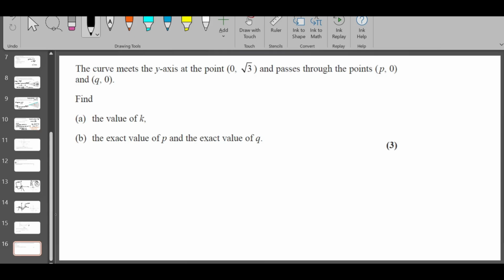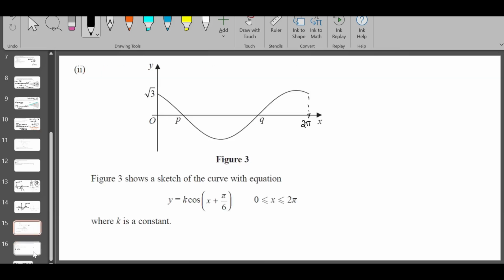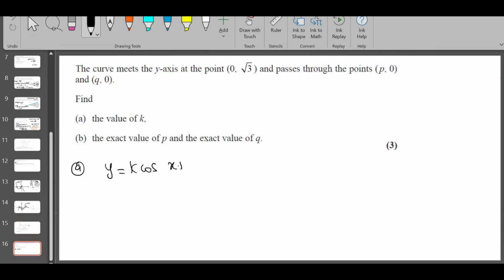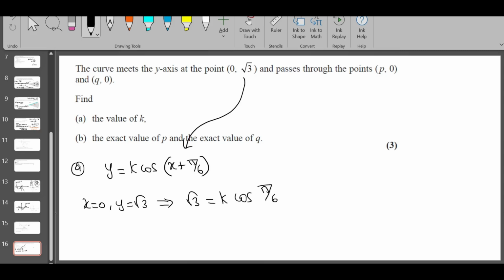We know the function is y is equal to k cos x plus pi over 6. So the easiest way to find k is to sub in one of the known points here. X is 0, y is root 3. When you sub in, you will get root 3 is k cos 0 plus pi over 6.